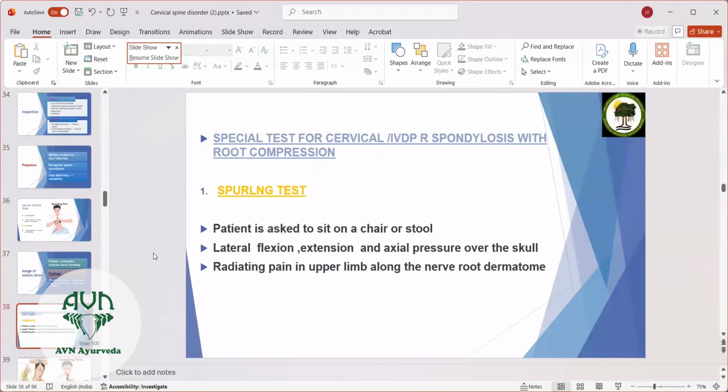Now, after taking the history, inspection and palpation and observing the range of movement, we have to do some clinical examinations. We are the practitioners. At that time, only X-ray was available as an evaluation or confirmation test; nowadays CT and MRI are available.